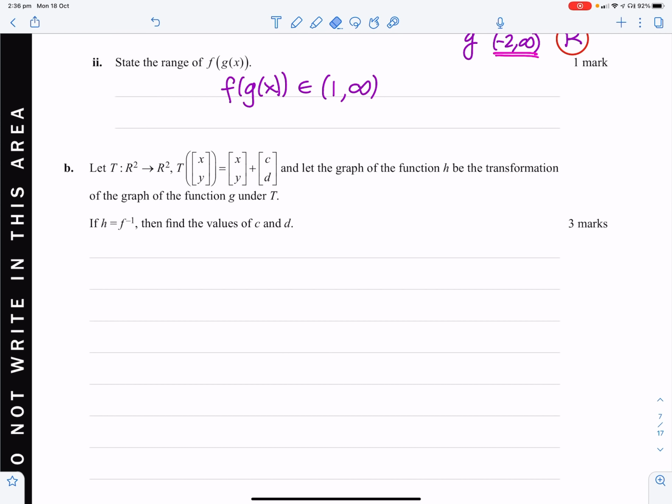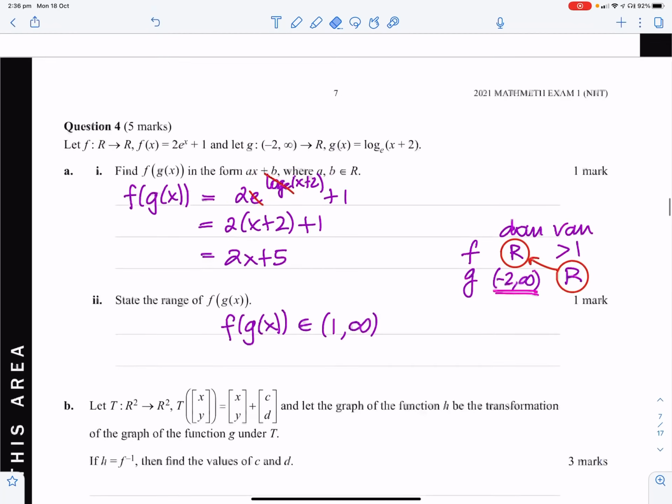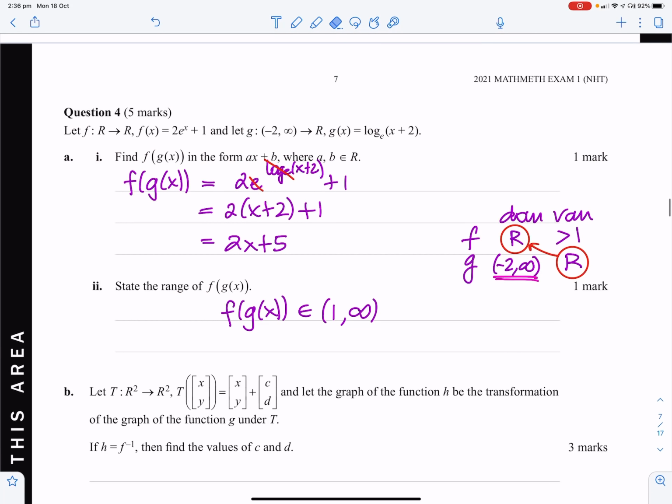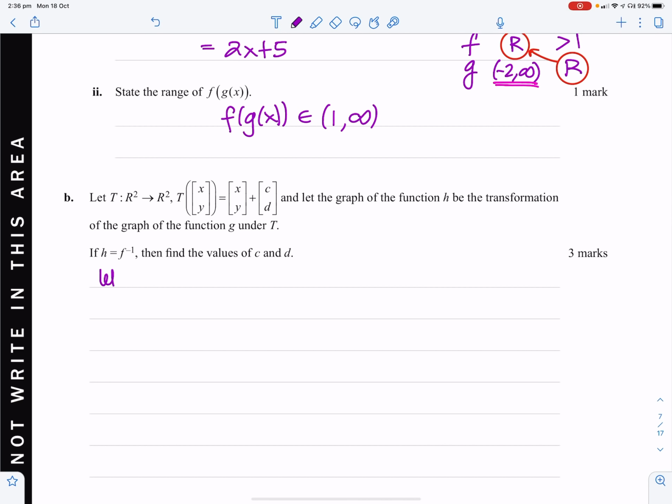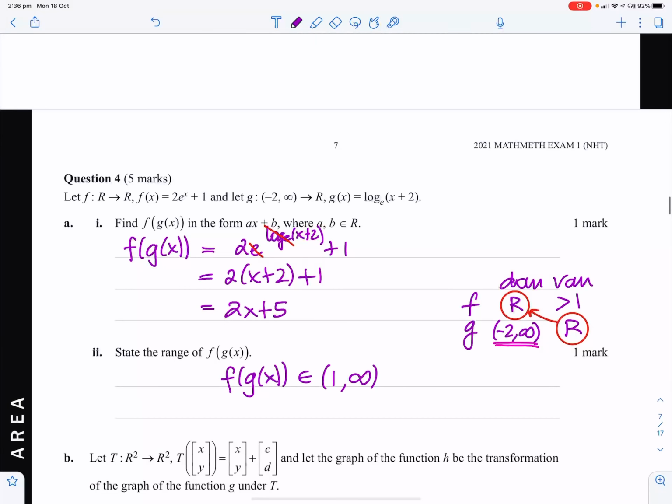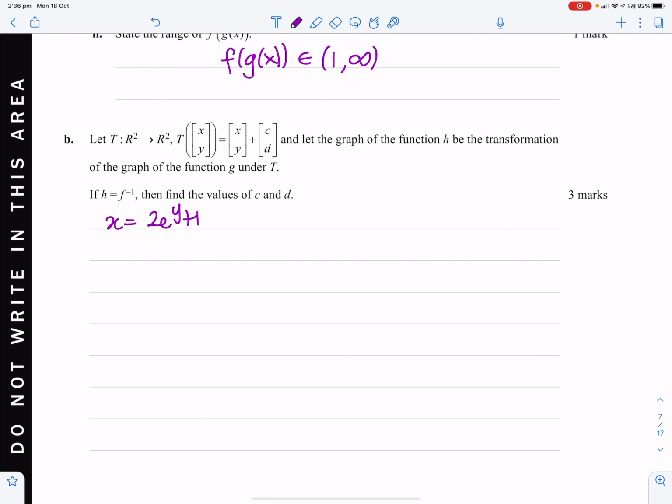Okay, let the graph of the function h be the transformation of the graph of the function g under t. If h is equal to f inverse of x, then find it. Okay, h is the inverse of f of x. So here we say x is equal to 2e to the y plus 1. 2e to the y is x minus 1.